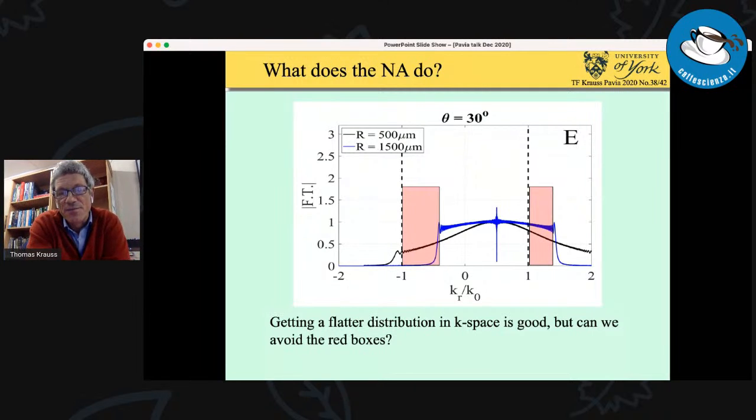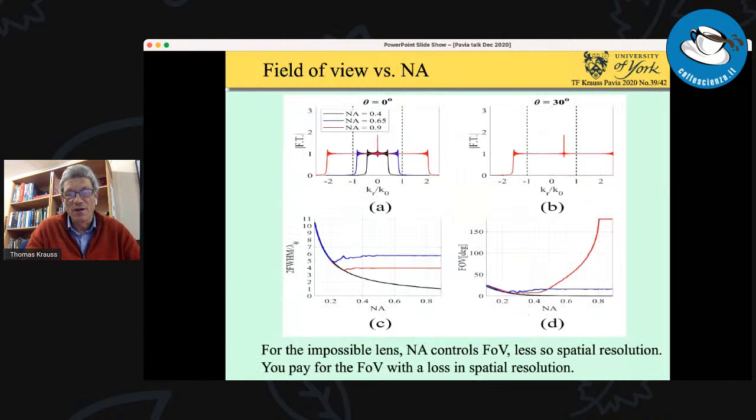And how do I do it? Well, I increase the numerical aperture of my impossible lens. So if you increase the numerical aperture of the impossible lens, your K distribution becomes wider. And that's shown, it's a bit small, but the top left picture shows this. So this is now a picture for various numerical apertures.